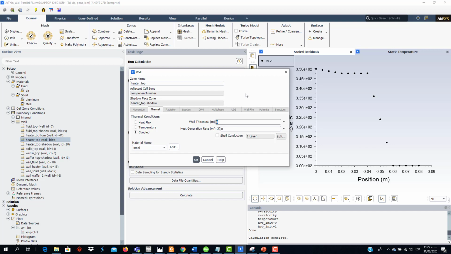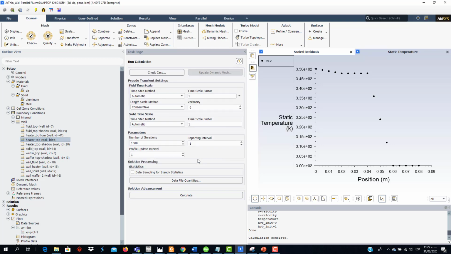Let's say this is, for example, 0.1 meters, and let's run the simulation and see what happens with this profile, but now using the thin wall value different from 0 for the heater top wall.